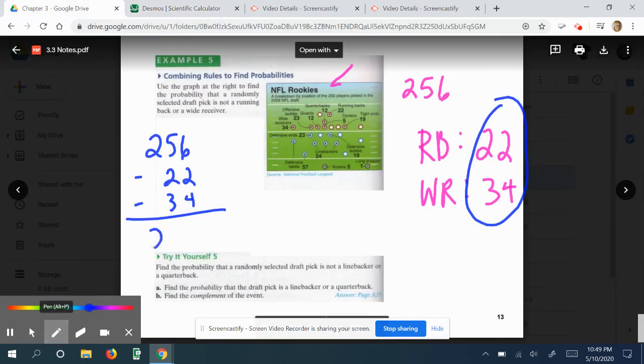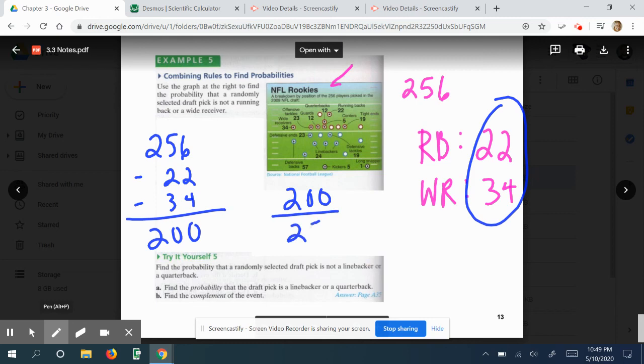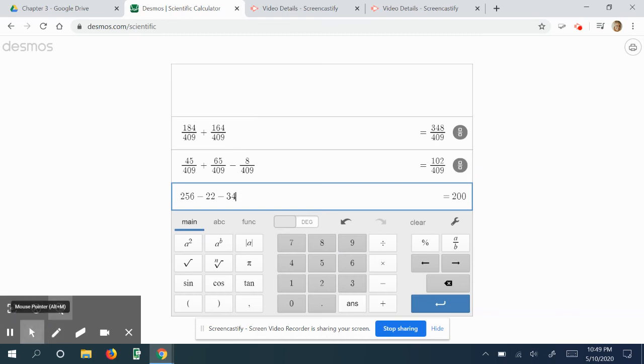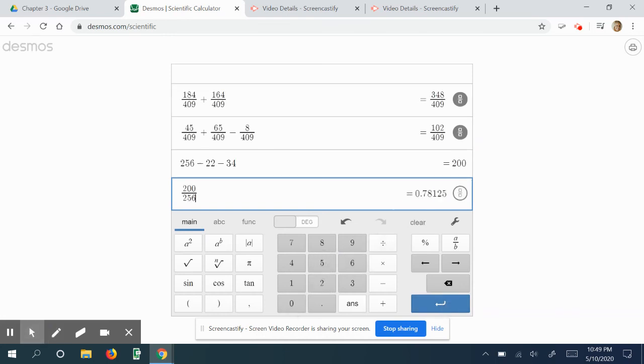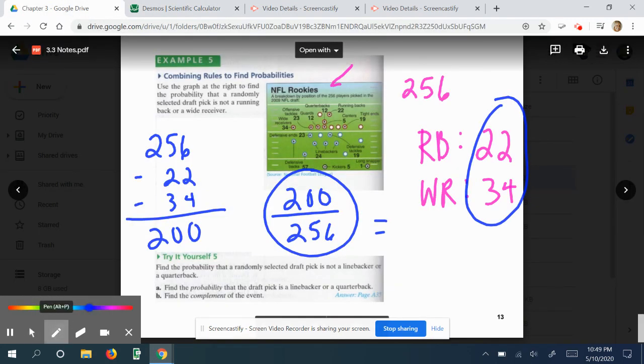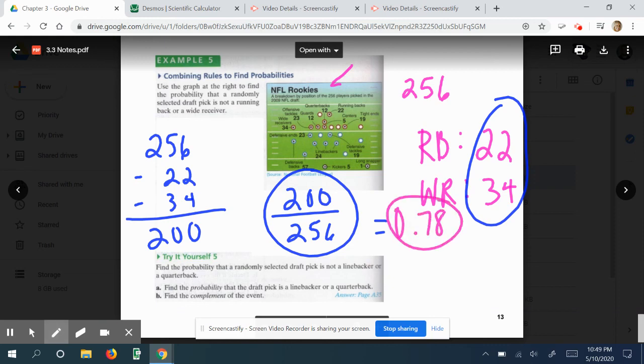So there's 200 left over. So the probability of not picking one of those would be 200 out of the 256 drafted. You could leave it like that, or we could write it as a decimal. So that would be 200 divided by 256, which would be 0.78. And so that would say that about 78% of the draft is not running backs or wide receivers.